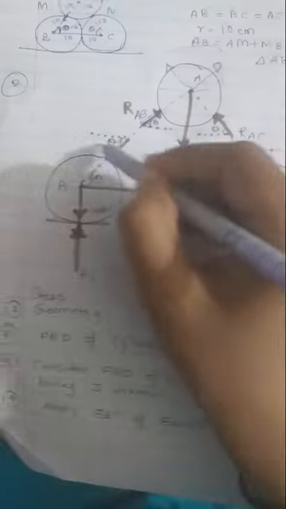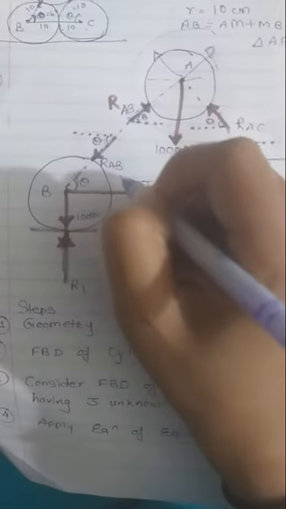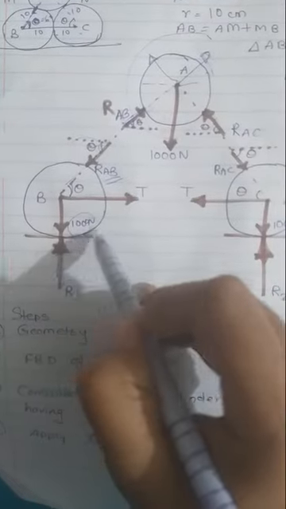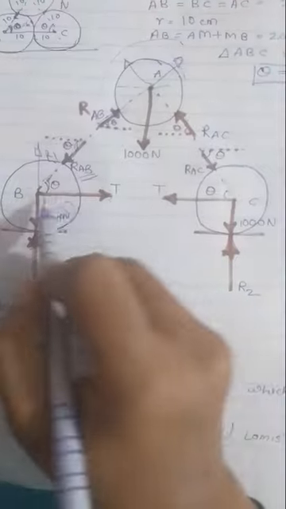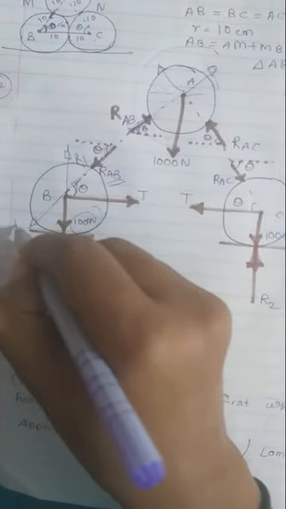Now if I consider sphere B, here I already have the value of R_AB. We know the 1000 Newton, so the only two unknowns are R1 and T. So you can go ahead with this. For this shape I have drawn the FBD over here, R1. I have transferred this over here, R1. This T is as usual, 1000 is here, and R_AB I have shifted to this point, by the law of transmissibility.